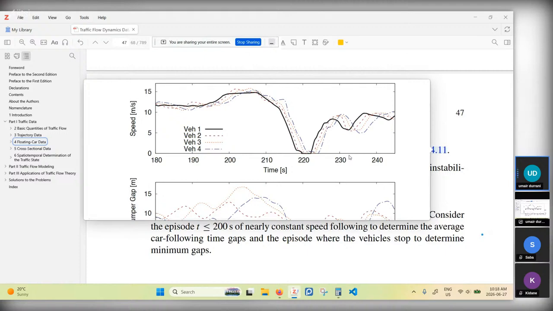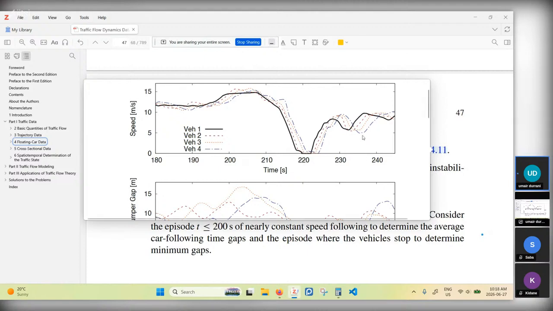The last follower here is vehicle number 4 with the blue dot dash line. And the maxima for that is 245 seconds. And the minima is about 230 seconds.